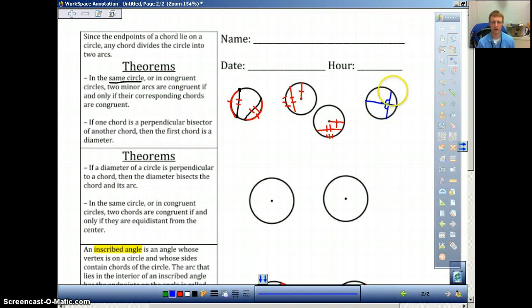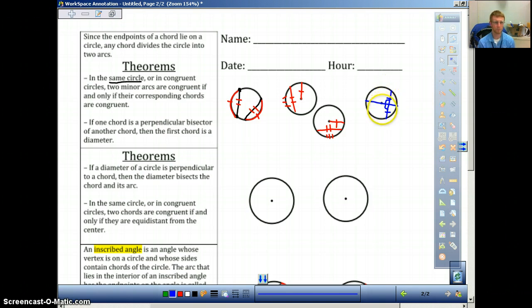So what it's saying is if I draw two chords in a circle, the first chord that is a perpendicular bisector has to be the diameter. It has to go through the center of the circle. So when I drew this line right here, it's bisecting these two lines, which means these two segments will be congruent, and it's also creating a right angle.